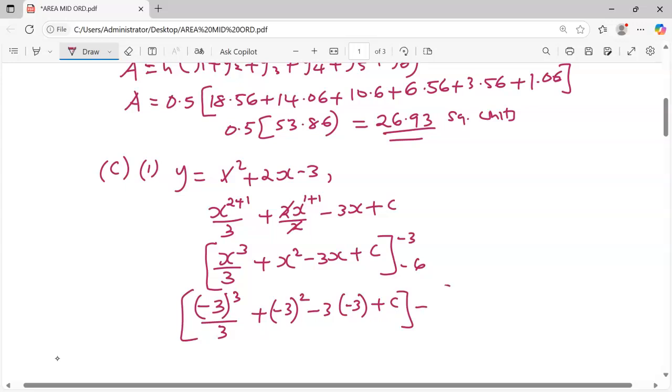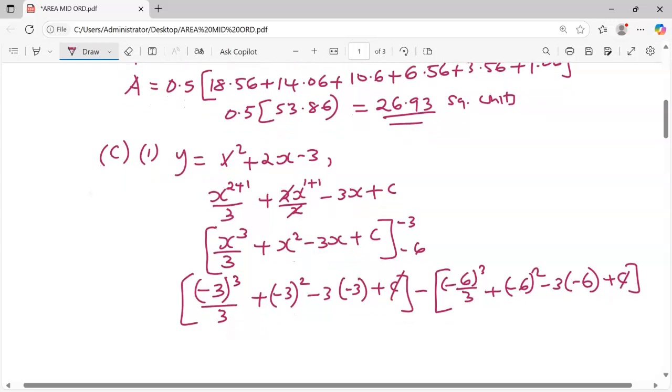This is going to be subtracted by substituting the minimum value of x. We are going to have -6 cubed over 3, then plus -6 squared minus 3 into -6, and of course plus c. Remember, c and c will cancel, and therefore we don't need them.